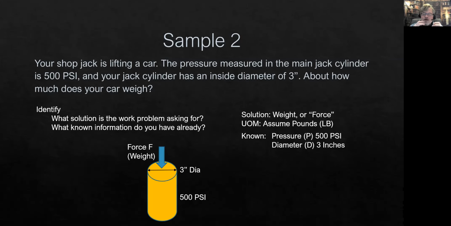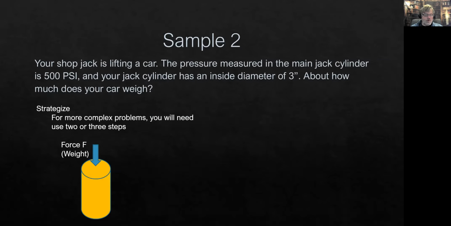So now, by drawing it, we can see that I need to figure out the area pressing down on that cylinder to calculate the force. Because in my formula lookup book, I will need sometimes 2 or 3 formulas. So I have to do a little strategy.